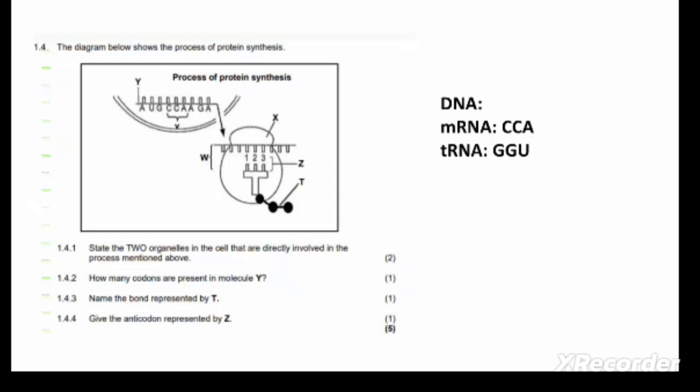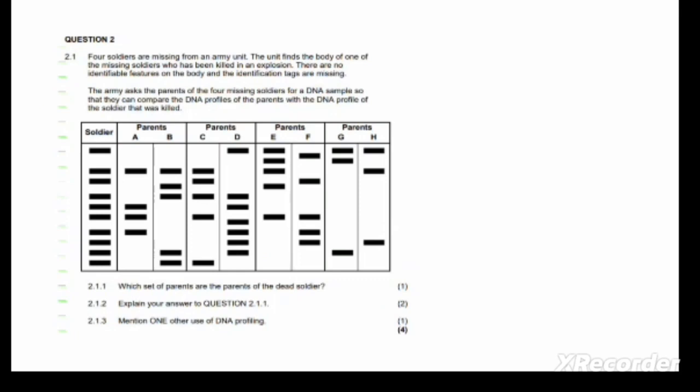So we have to find the tRNA 1, 2, 3. Those nitrogenous bases, we're going to use the sequence DNA, mRNA, tRNA, and we substitute. On the mRNA, we have CCA, so we're moving to tRNA. The answer is GGU. So let's look at the last set of questions.